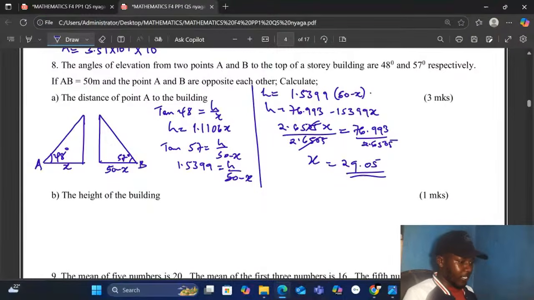Now that is the value of x. x represents the distance of point A to the building.